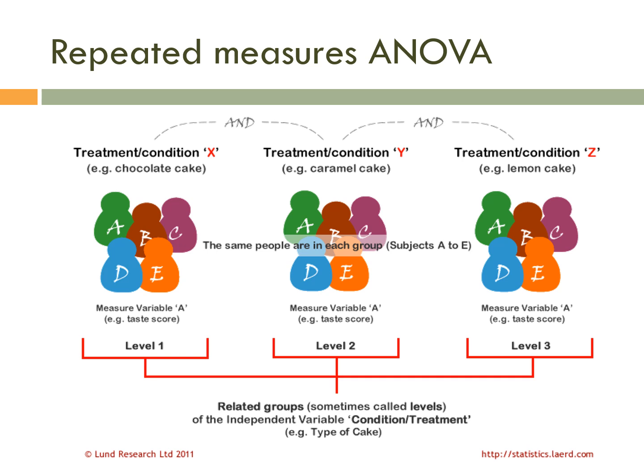So any changes we see between these groups are subsumed into the within-person variance in how much they like different cakes, versus differences between individuals. If we were going to do this as a between subjects design, we would have some participants in the chocolate cake version, some participants in the caramel cake version, and some participants in the lemon cake version that are all unique. So a repeated measures ANOVA uses the same participants in all levels of the independent variable.